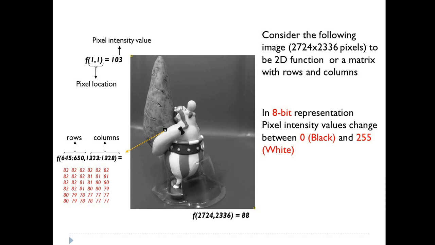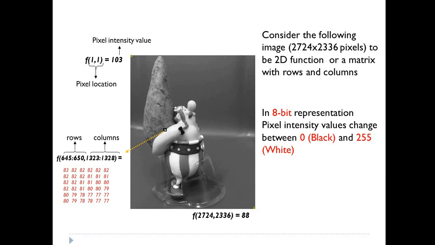So here you have 6 rows and 6 columns in this square area, and the intensity levels are also mentioned here. Like this you can locate any pixel value in this figure, which means every pixel will have a particular location and an amplitude value.